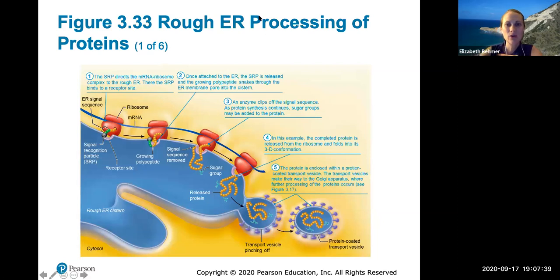This is kind of showing where the rough ER will come into play. The rough endoplasmic reticulum will help process these proteins that are made. So what that means is the rough endoplasmic reticulum just takes the proteins that are released from the ribosome and then puts them into some sort of vesicle if it needs to be transported to a different place within the cell, or if it needs to be transported to the exterior of the cell.